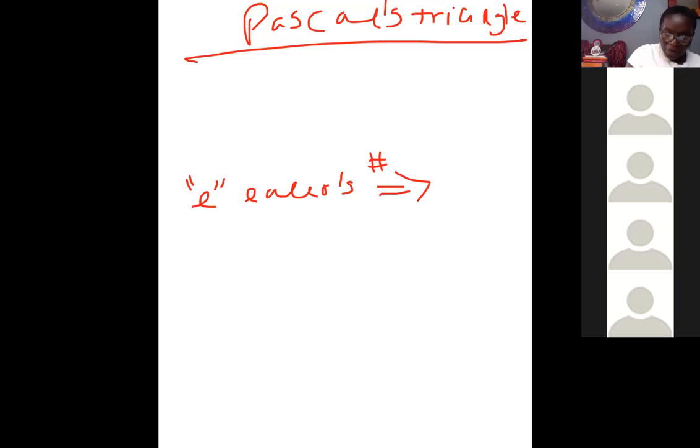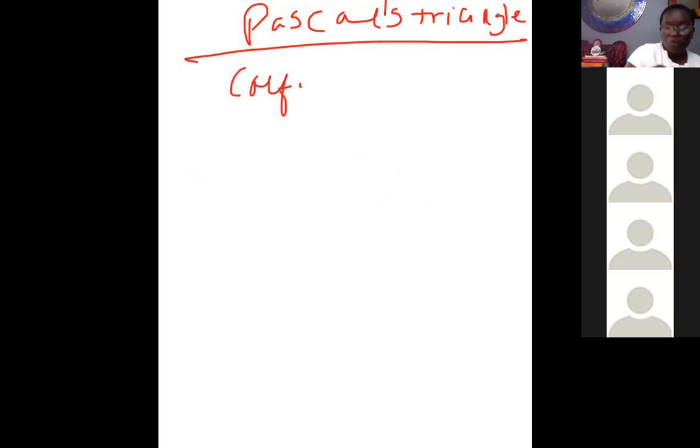So anyways, let me go ahead and carry on. With Pascal's triangle, guys, this is another way to find the coefficients. And I'm going to tell you why we don't use it that frequently, why we have to use the combination, or in this case, the factorials, okay?